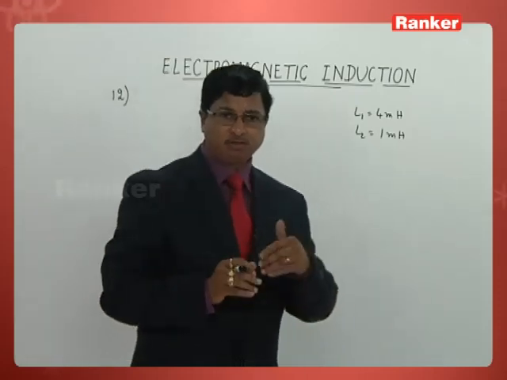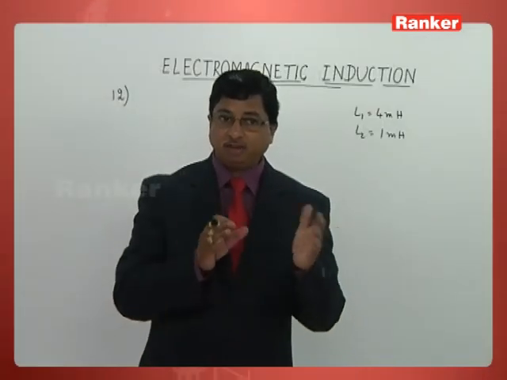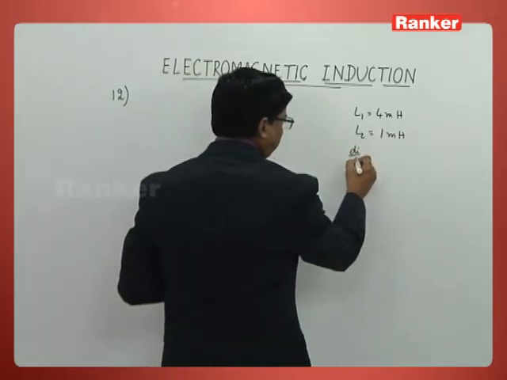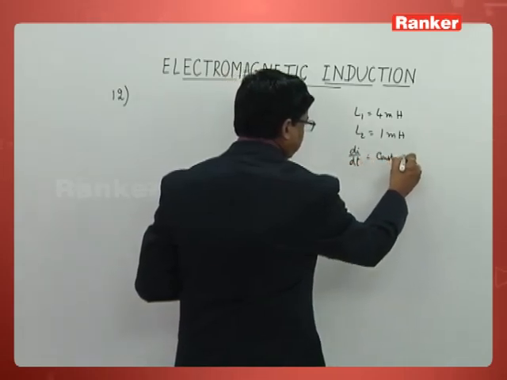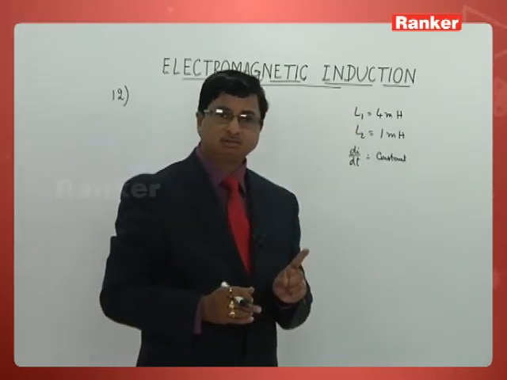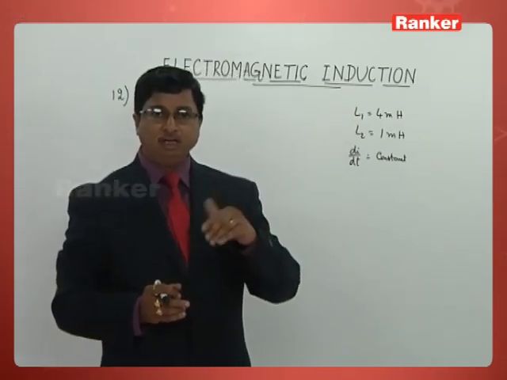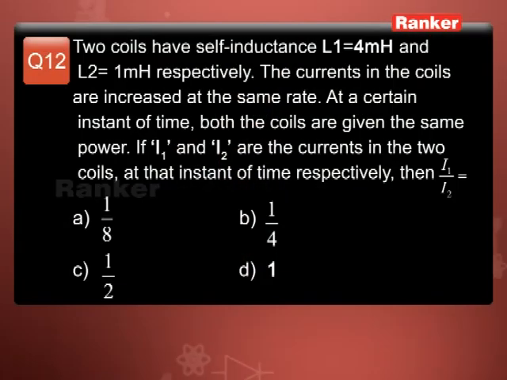Fine. Let us continue. The currents in the coils are increased at the same rate. The moment it is given that way, you should immediately get in your mind that di by dt is constant in both of them. Rate of change of current is given in other wording, like currents are increasing at the same rate. That's the point. Now what next?